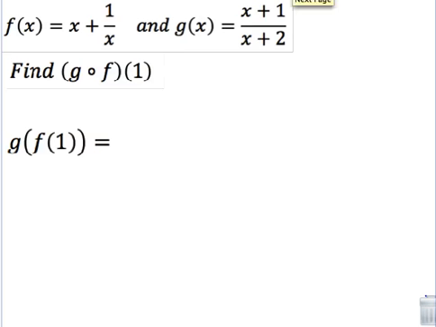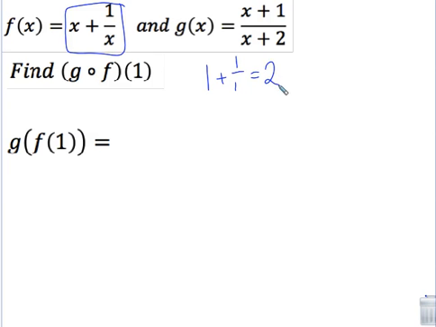And then finally, g of f of 1. So what I'm going to do with this one is plug in 1 for x right here. And when I do that, I have 1 plus 1 over 1, which equals 2.